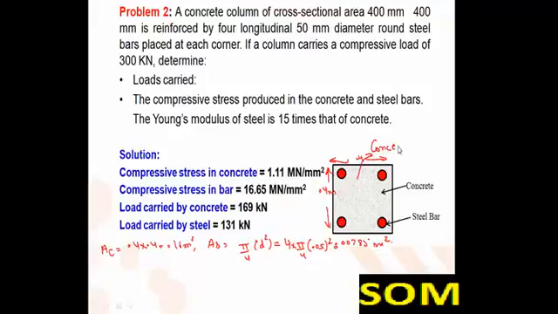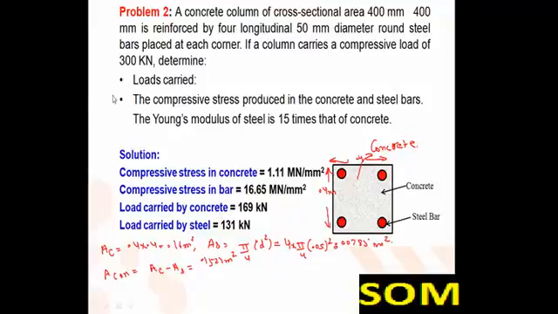So the area of concrete is given by the area of column minus the area of steel bars. If the column carries a compressive load of 300 kN, when you apply a compressive load, the strain in the steel bar equals the strain in the concrete.